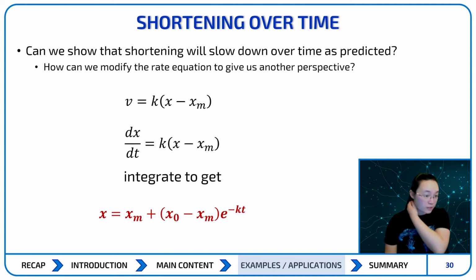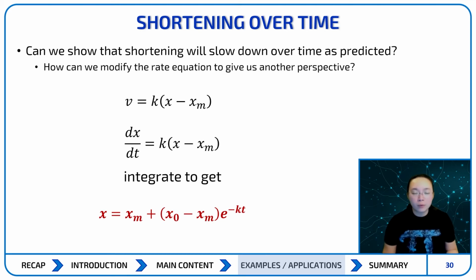You can prove it yourself if you'd like, but if you integrate dx over dt equals K times x minus xm, you're going to get an equation in red over here, x equals xm plus the difference in the starting position of the muscle minus the minimum times e to the power of negative kt.